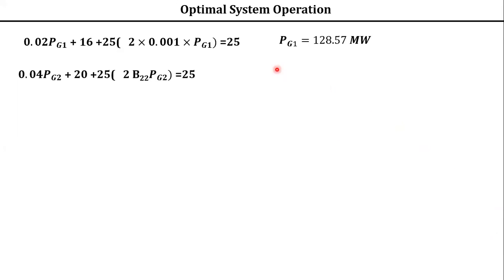I don't know how. Now you see here, dC2 by dPg2 is 0.04 Pg2 plus 20. This is the equation given in the problem for dC2 by dPg2, plus lambda, that is 25, into dou PL by dou Pg2. Isn't it?